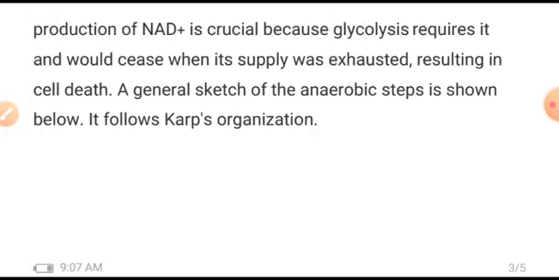So the production of NAD plus is crucial because glycolysis requires it and would stop when its supply was exhausted.